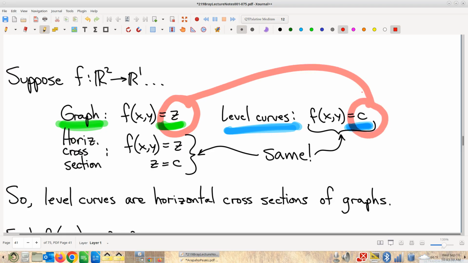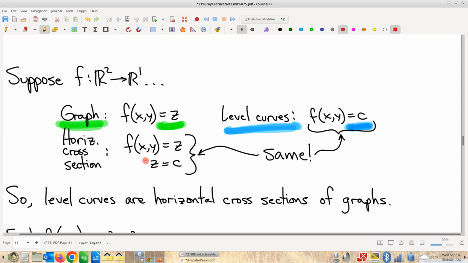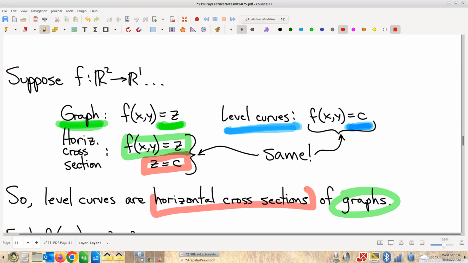So I'm going to make the innocent observation of if I were to then subsequently set that variable equal to a constant, right? In other words, if I were to take the graph, and if I were to set z equal to a constant, now again, geometric appeal, this is what it looks like when z is a constant. It's a horizontal plane. That means I'm effectively taking a horizontal cross-section.